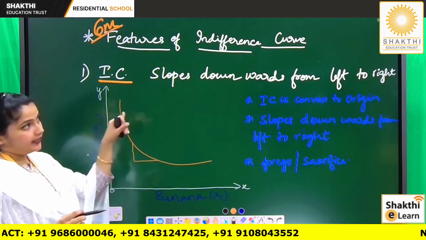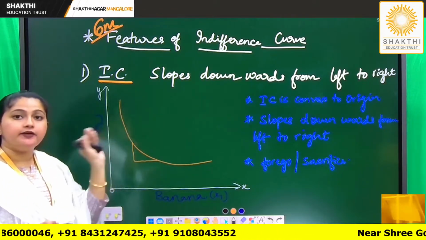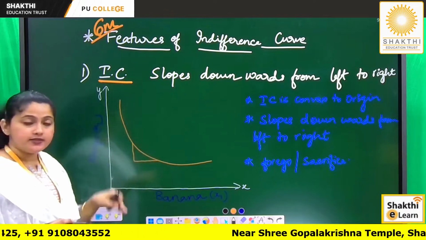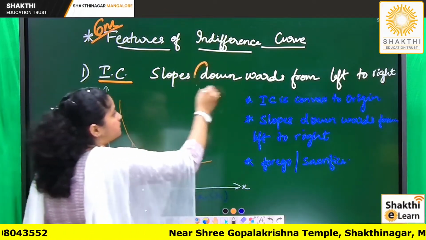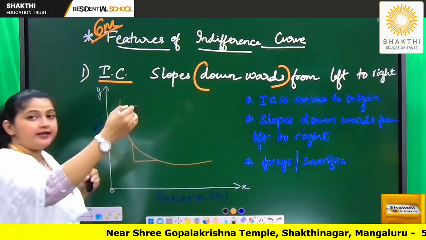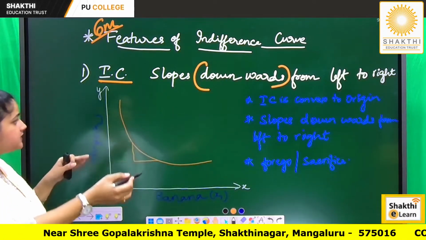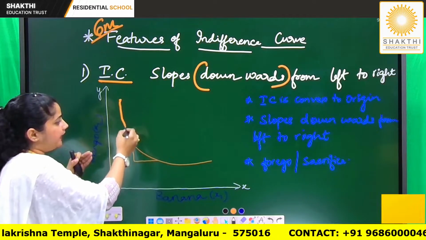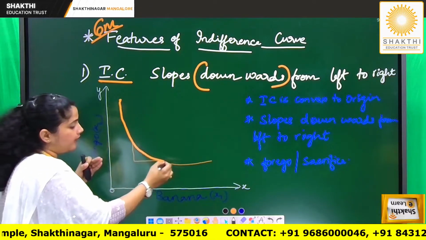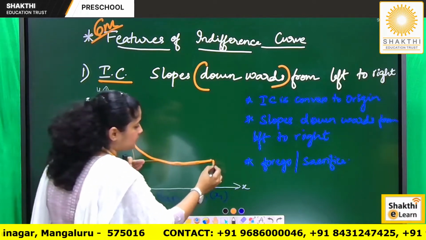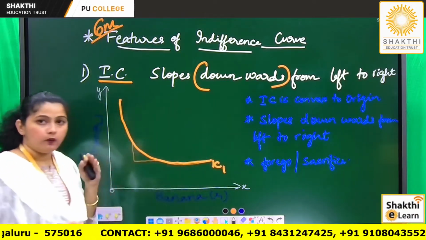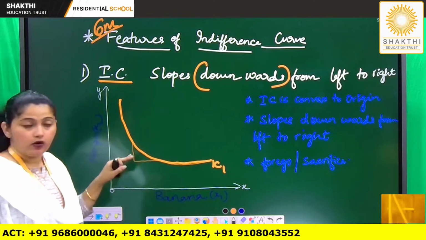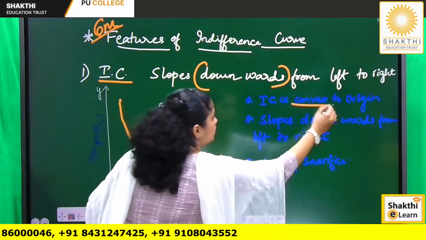Coming back to the curve, the feature itself says the indifference curve slopes downwards from left to right, isn't it? So here I've started the diagram. The indifference curve has sloped from left to right. Next, this particular indifference curve is always convex to origin.